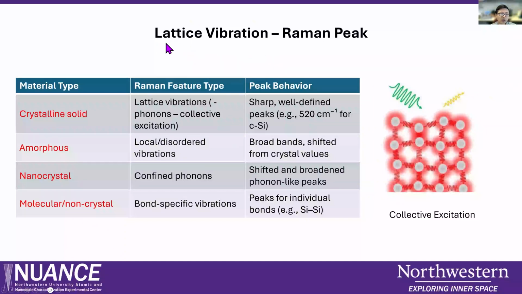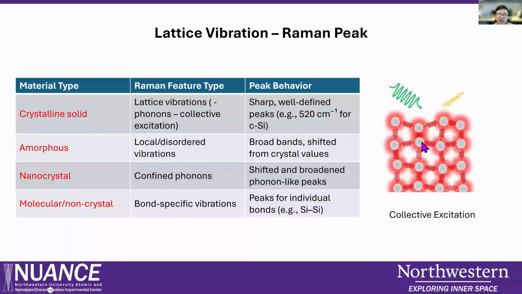There is also lattice vibration. What is lattice vibration? We know single bond vibration, but for a crystal, like a silicon crystal, the single bond is not isolated. All the bonds affect each other. For this, Raman does not detect a single bond. It detects a collective excitation, which is called a phonon. They detect the phonon, also called the lattice vibration. Compared to the single bond, there is a shift.